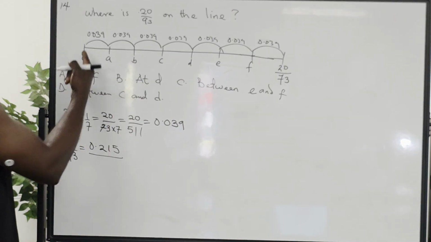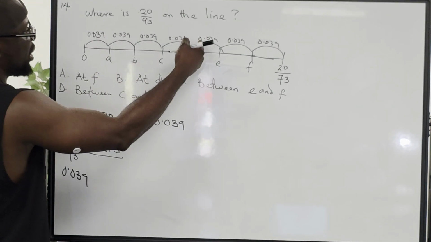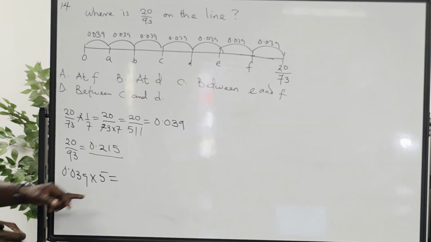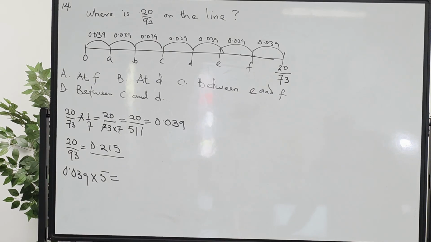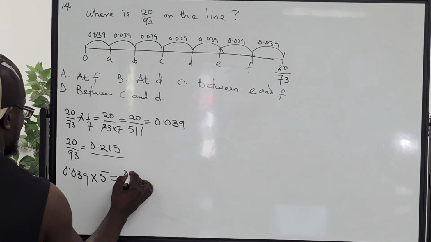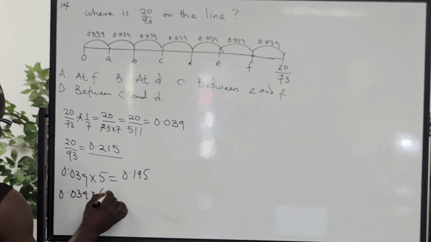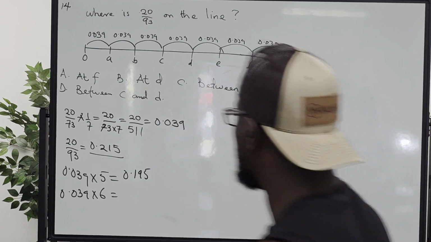So all I have to do is take one of these, 0.039, and multiply it by, let's say, 5. 0.039 times 5 should give us 0.195. 0.039 times 6 should give us 0.234.